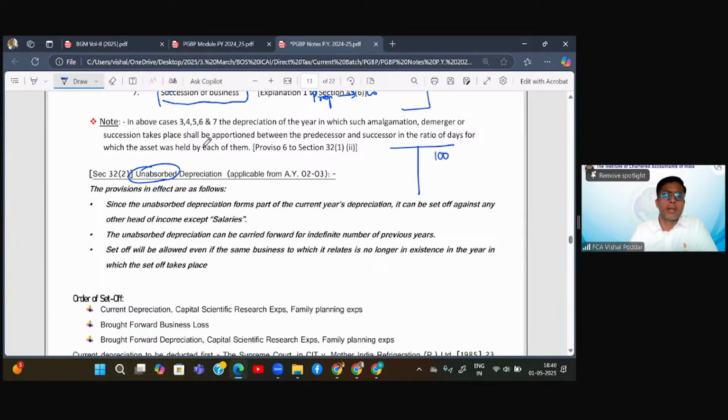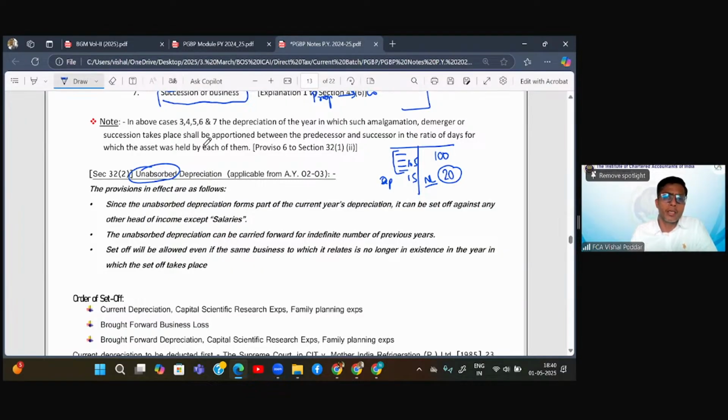My sales are 100. Let us say all the expenses other than depreciation are 105 and depreciation is 15. So in accounting language, we will say you have a net loss of 20. Income tax does not call this a net loss.